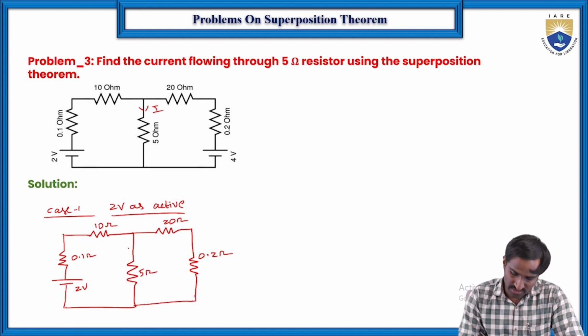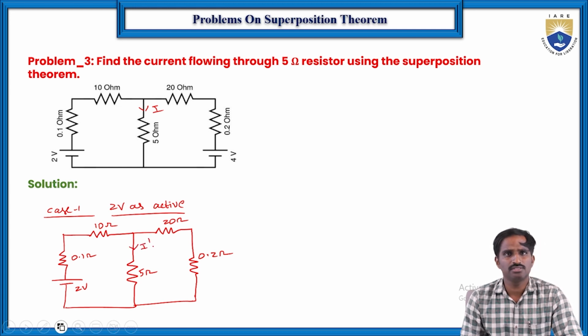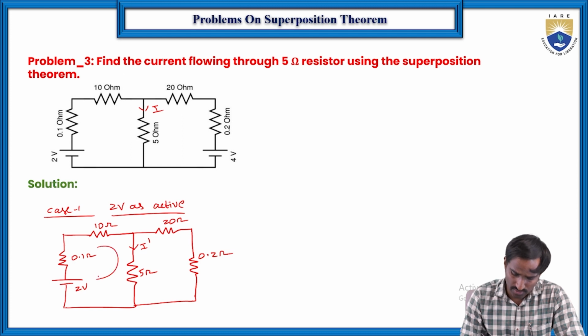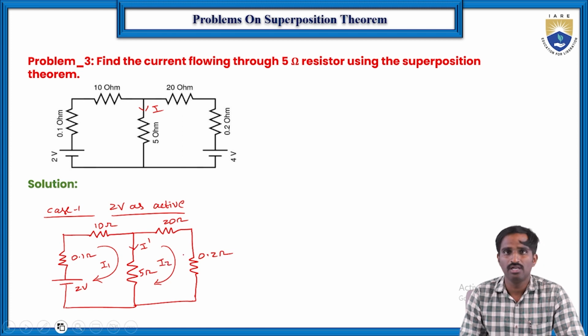In the first case, let us consider this as I dash. Then again just apply loop analysis. Here is one loop and here is another loop. In loop 1 the current is I1, and in loop 2 the current is I2.